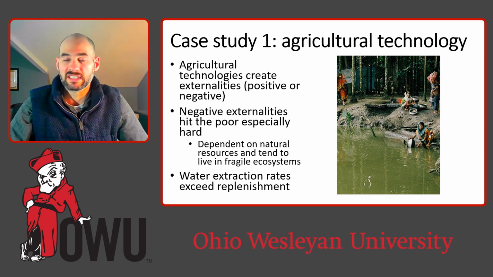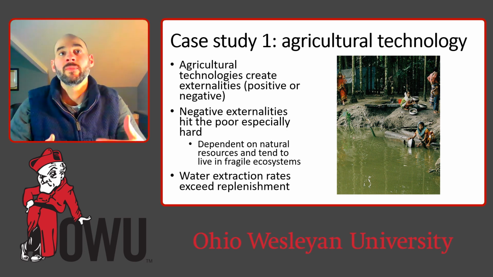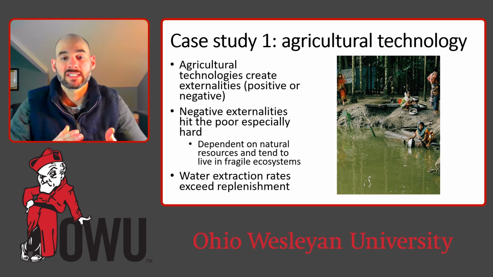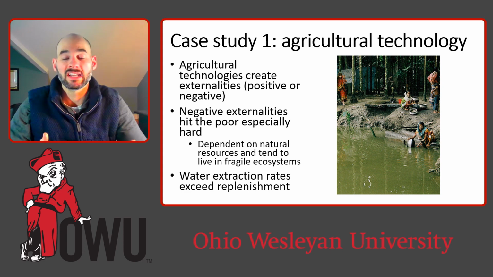And so one of the examples of the negative externality from agricultural technologies may be those which allow agricultural producers to over-extract water from aquifers or surface water sources, at a greater rate than those resources could naturally replenish.